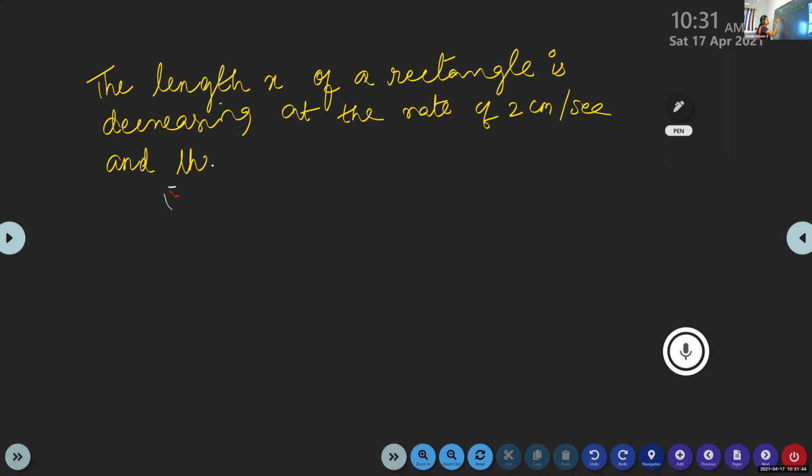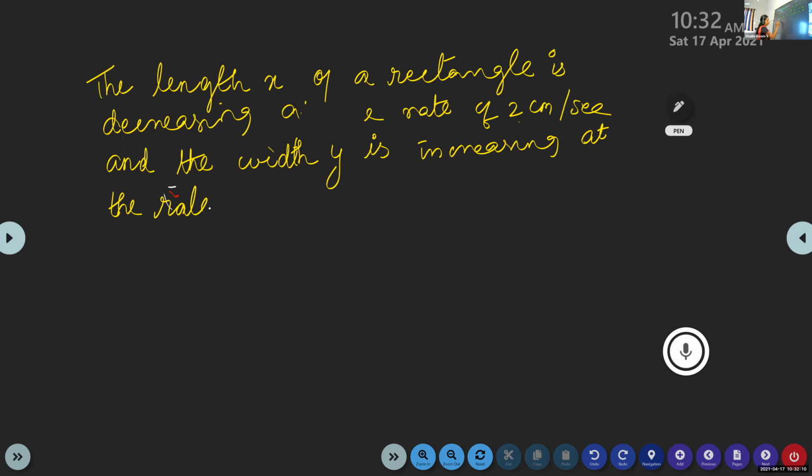and the width y is increasing at the rate of 2 centimeter per second.